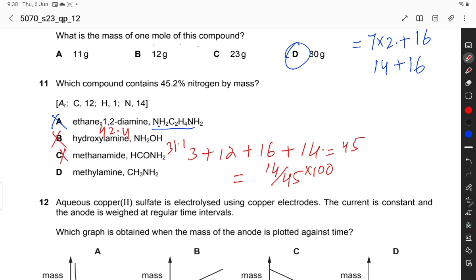So this is also incorrect. D option is correct option.